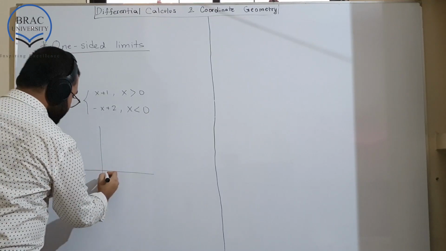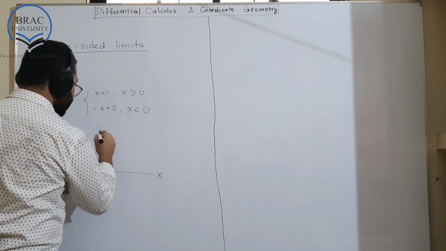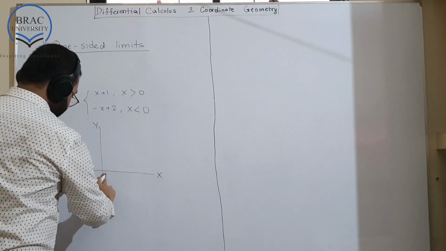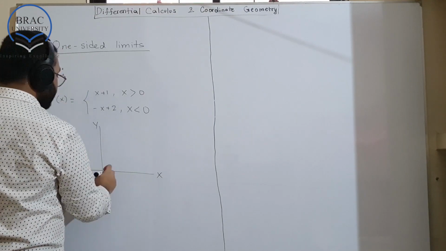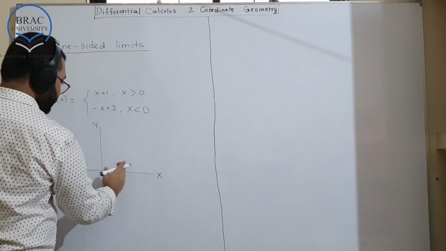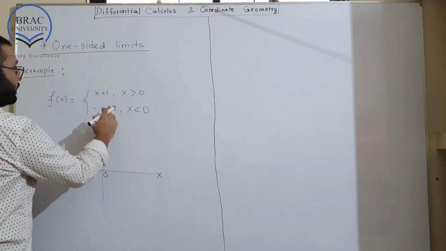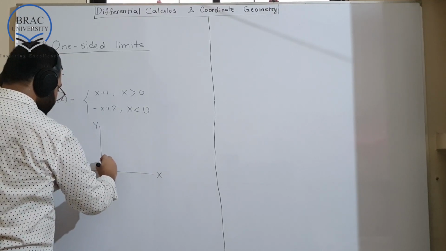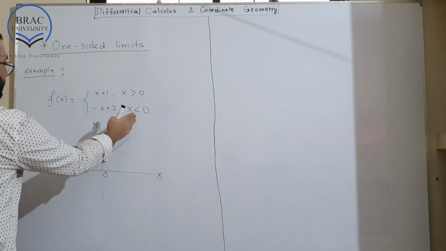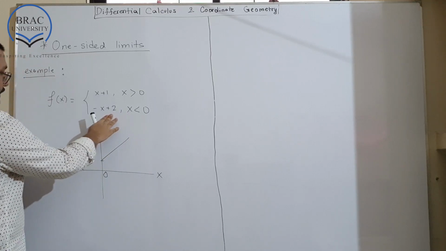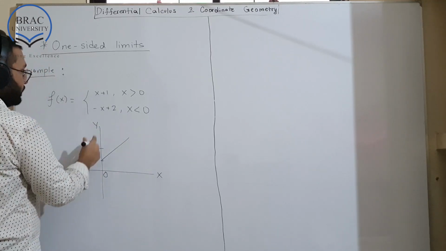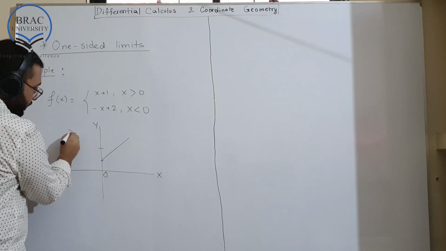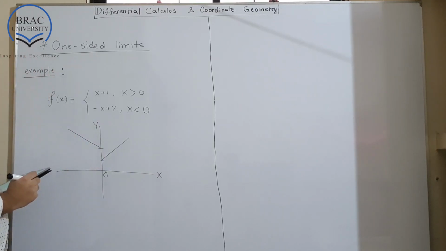So this is 0, this is our x-axis, y-axis. When x is greater than 0, which means this side, we have x plus 1. So if this is 1, it's something like this. When x is less than 0, it's minus x plus 2, which means it's something like this.